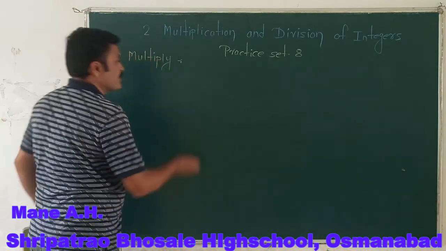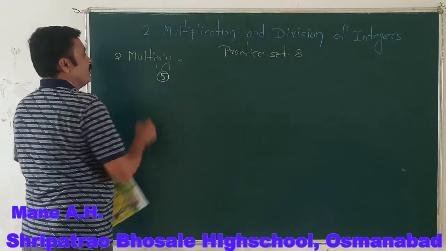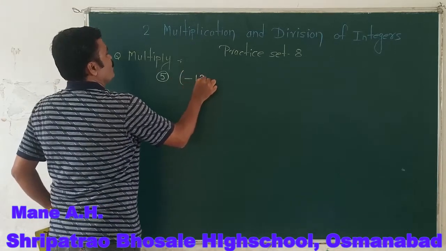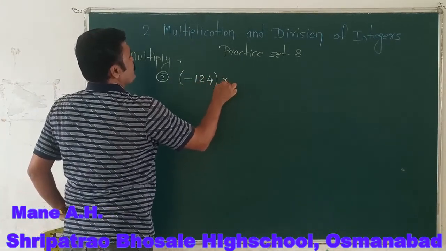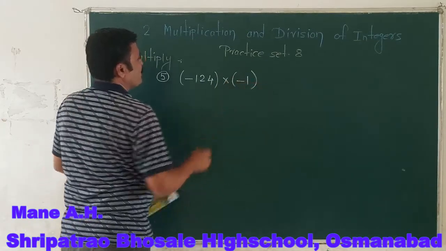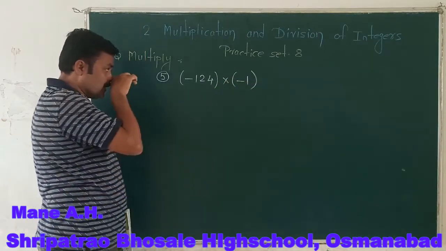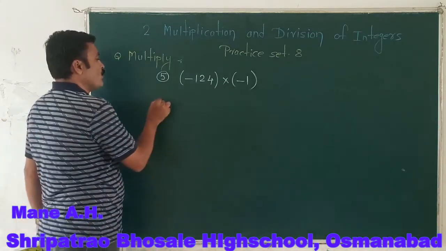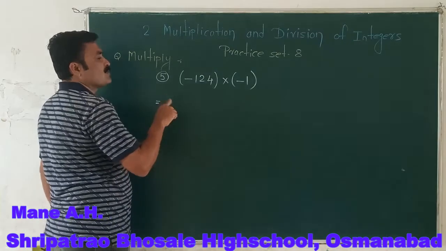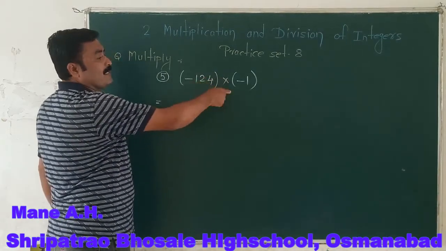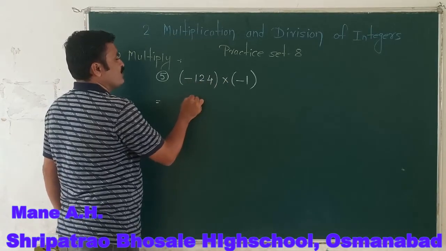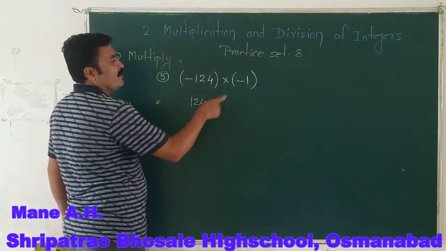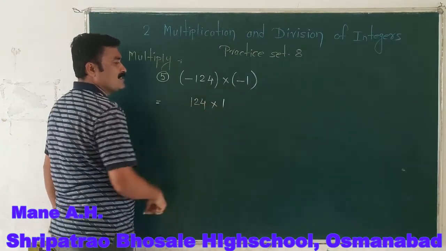So here, let's continue with example number 5. How is the condition given here? (-124) into (-1). This is the multiplication between two negative integers. While taking the multiplication, first we take the magnitudes of both integers. Magnitude of minus 124 is simply 124, multiplied by magnitude of minus 1, which is simply 1.